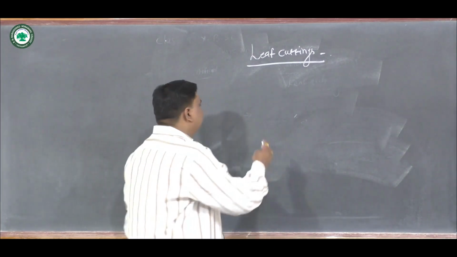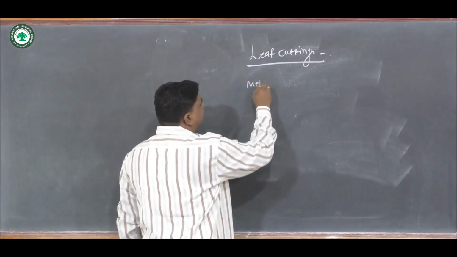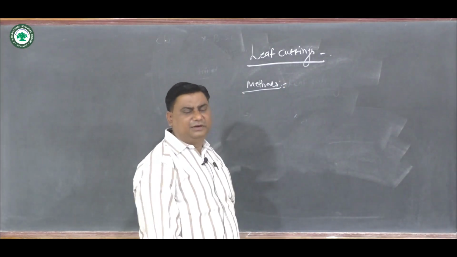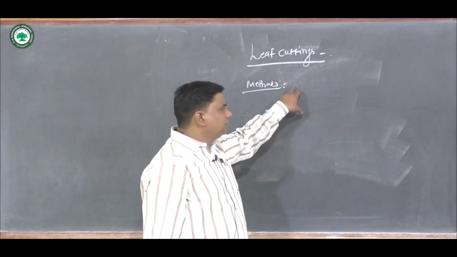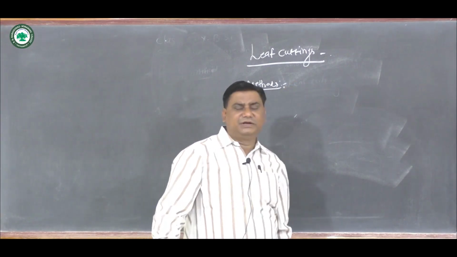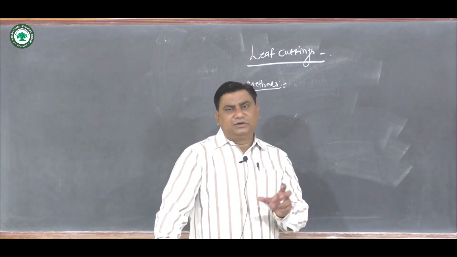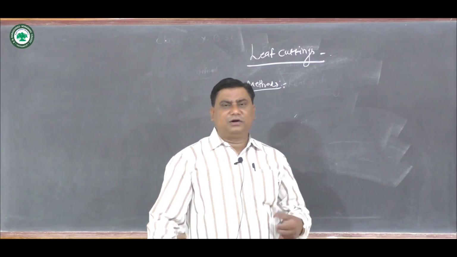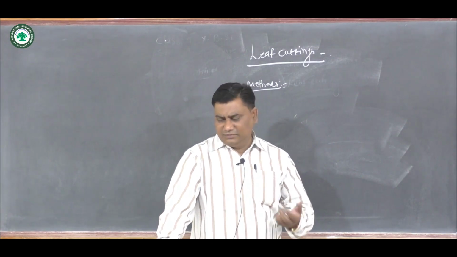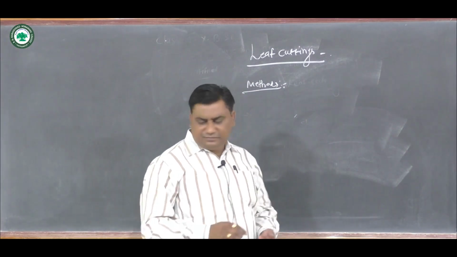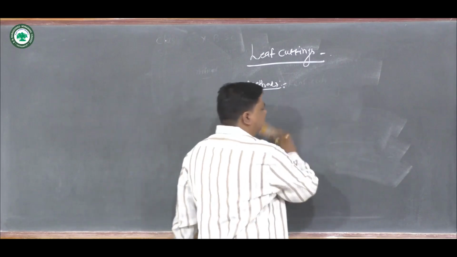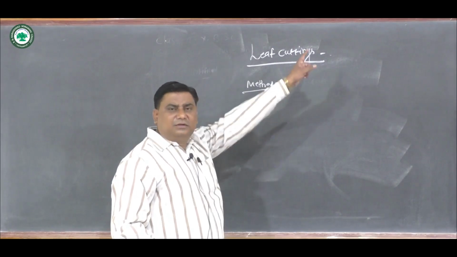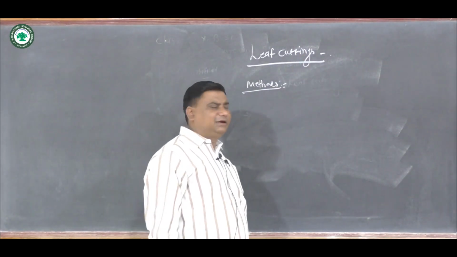Generally leaf cutting is not followed in fruit plants. It is followed in ornamental plants, shrubs, or sometimes herbs.